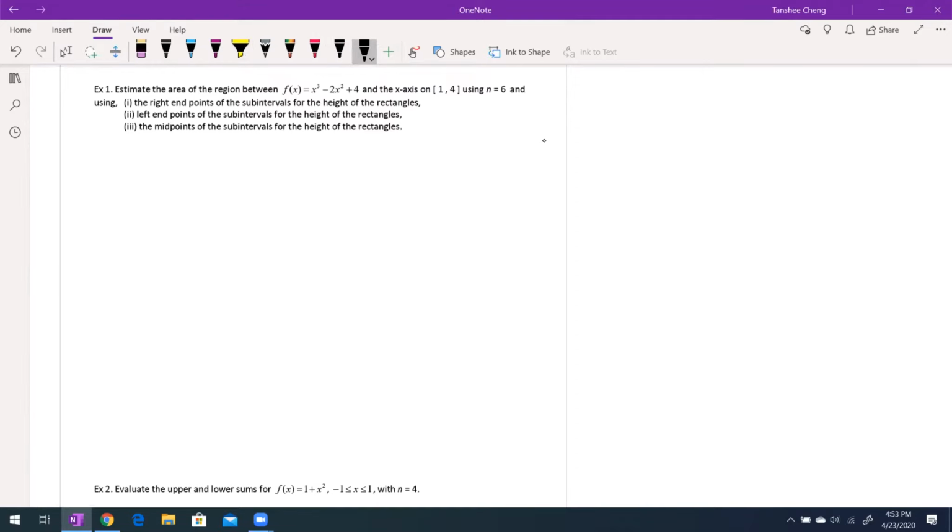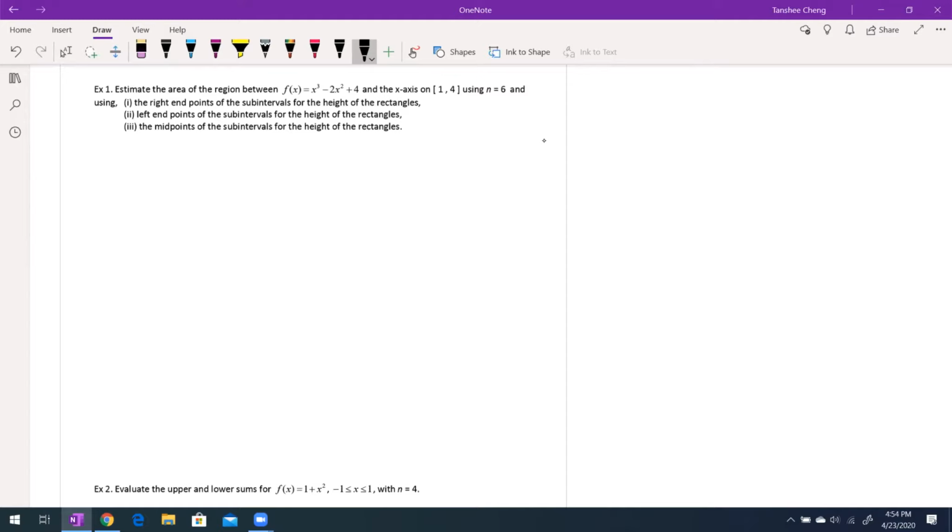Example number 1, we want to estimate the area of the region between the graph of these functions and the x-axis on the interval from 1 through 4, using n equal to 6.